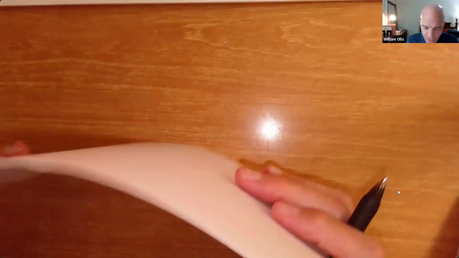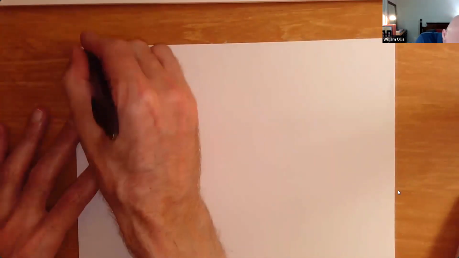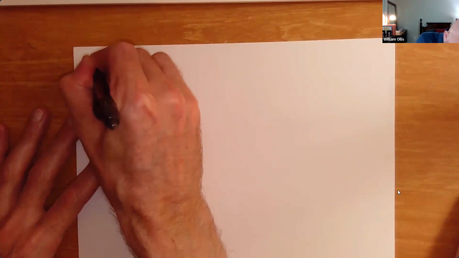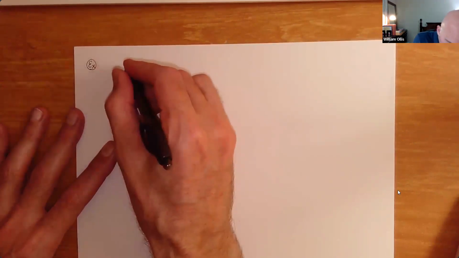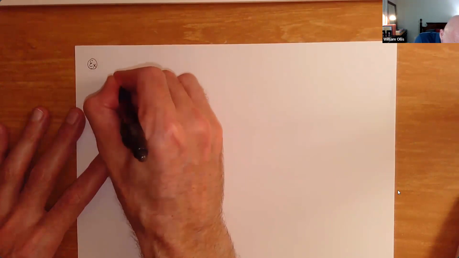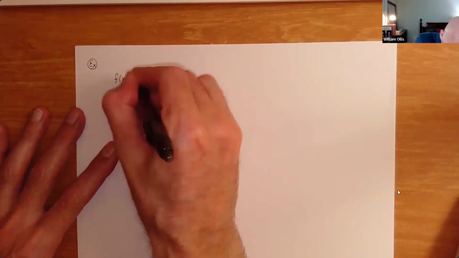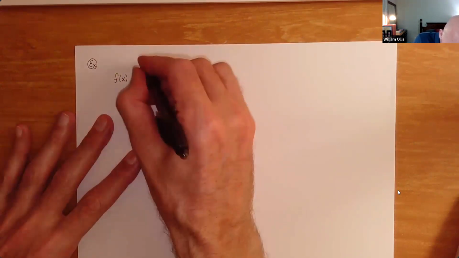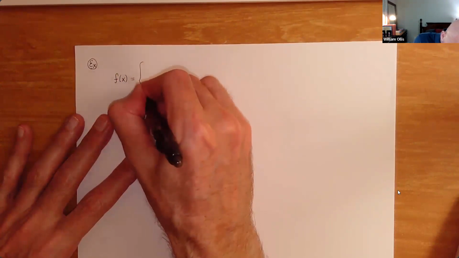Now, I want to look at just a few examples of some functions defined in pieces, and then we're going to start manipulating them. So let's look at some functions defined in pieces. So we'll just say f of x has the following definition. And we'll use some of our families of functions.